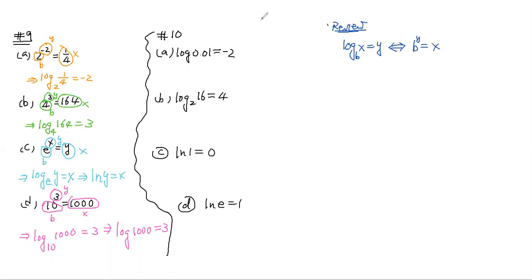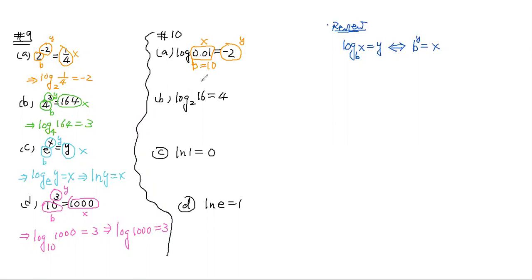Let's take a look at the first one. You just write whatever you have. This number is my x and this number is my y. Oh boy, I don't have the base. Remember, if a log has no base, what is the base? B is 10, right?